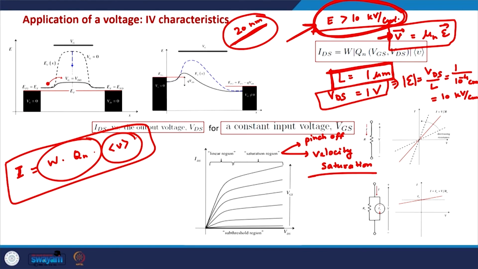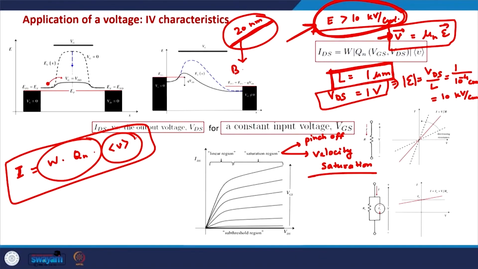But if the MOSFET channel length is around 20 nanometer, then the scattering of electrons is very low, because this is the ballistic regime of operation. The electrons directly go from the source side to the drain side, they do not collide with anybody in the channel.